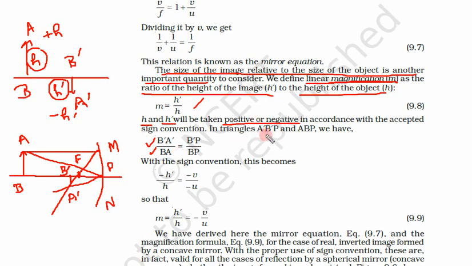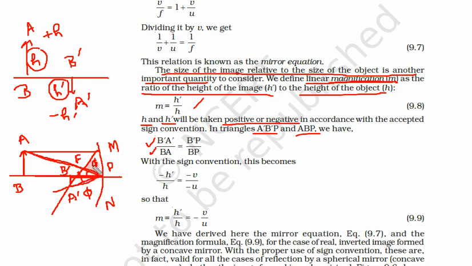So take the two triangles: the first triangle is A dash B dash P, and the second triangle is ABP. We have already learned that if this angle is phi, this angle must also be phi, because these are the angle of incidence and the angle of reflection.